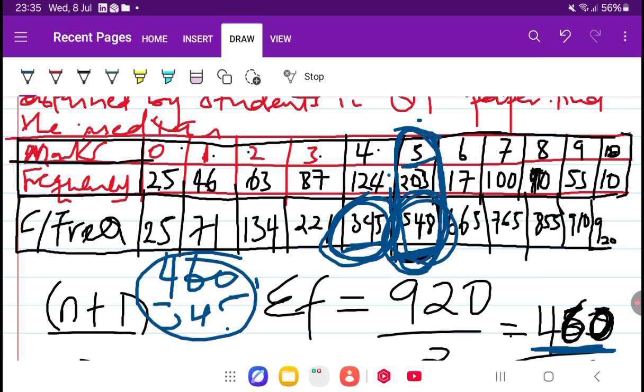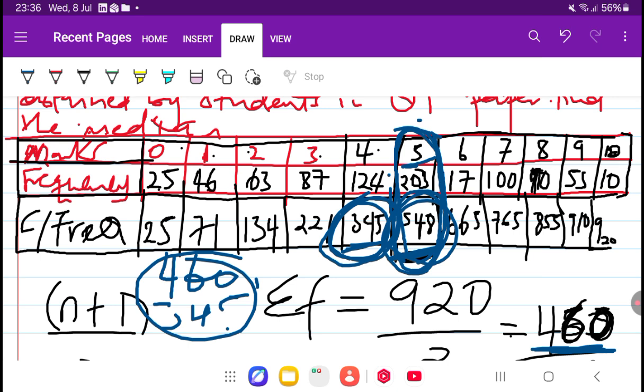But I wanted to give you something that is going to give you a bigger margin. So that's what we can talk about as far as the median for ungrouped data is concerned.